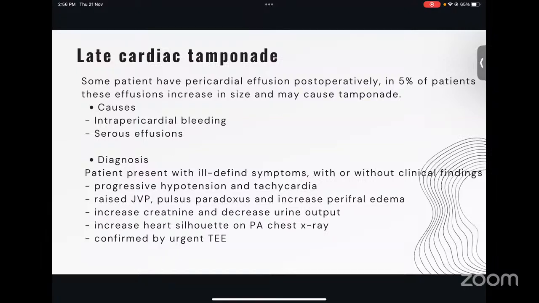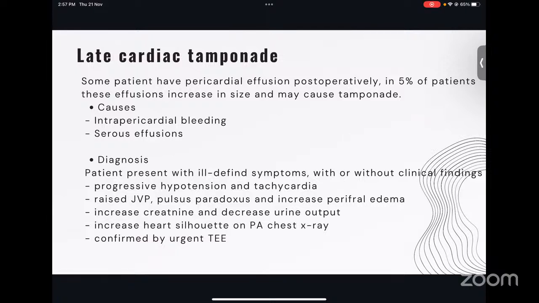To diagnose, the patient will present with ill-defined symptoms, but it may present with malaise, lethargy, chest discomfort, and anorexia, with or without clinical findings: progressive hypotension and tachycardia, raised jugular venous pressure, pulsus paradoxus, and increased peripheral edema.